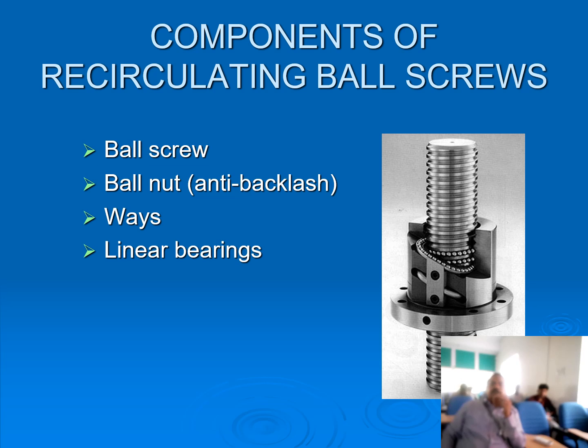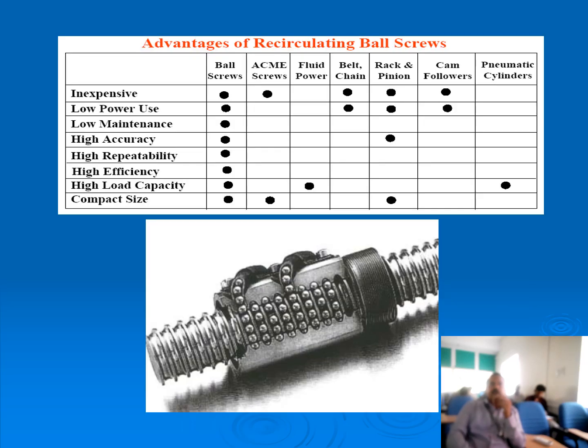Here in this figure you can see the components of the recirculating ball screws. You can see the ball screw, ball nut, and base and linear bearings. And this slide explains the advantages of recirculating ball screws.